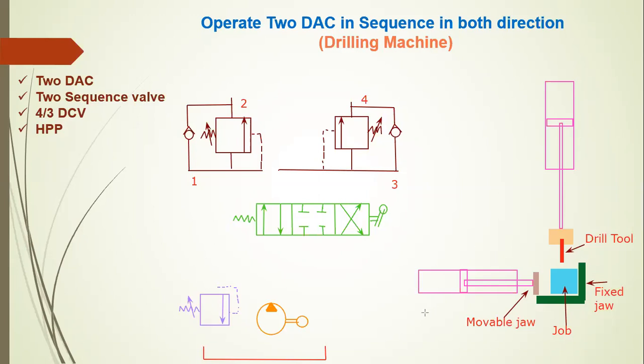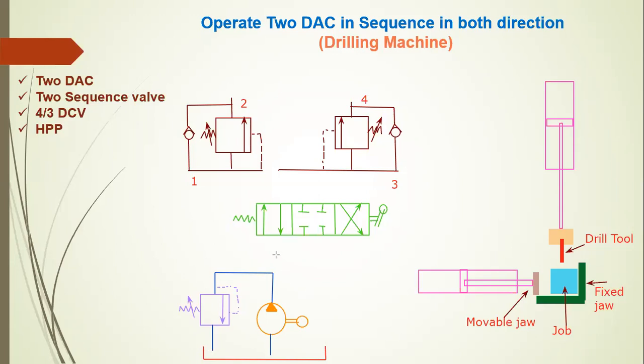Let's start to connect the whole hydraulic component with hydraulic line. First, the hydraulic pump and motor set are connected to the hydraulic tank. Also, one pressure control valve is connected parallel to the hydraulic pump and motor set, and the output from the pressure relief valve is connected to the hydraulic tank.